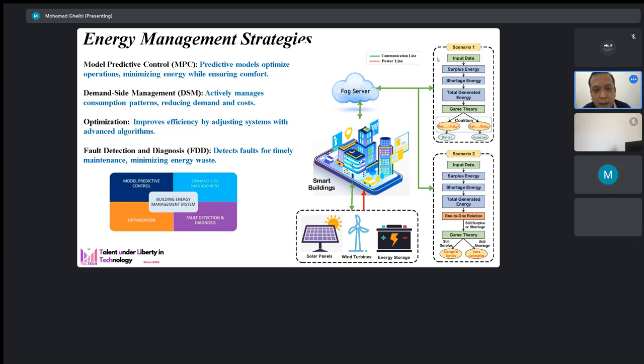Optimization and efficiency adjustment systems use advanced algorithms tailored to specific needs and conditions. And for fault detection and diagnosis, FDD, implement systems to detect faults promptly, allowing for timely maintenance and minimizing energy wastage. By incorporating these strategies, organizations can optimize energy usage, reduce costs, and enhance overall sustainability.